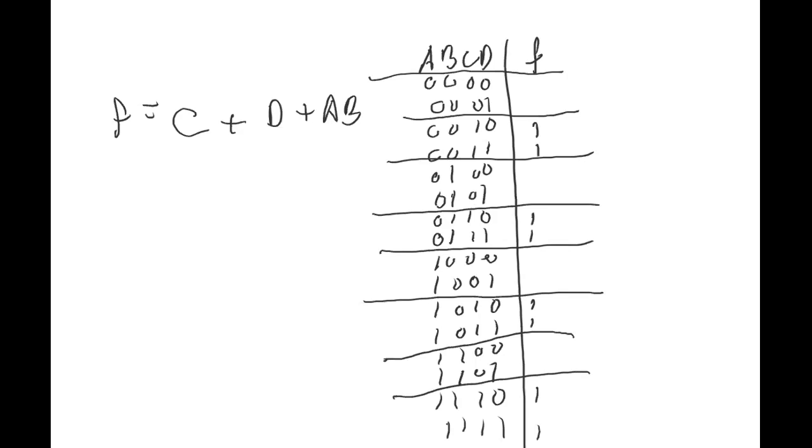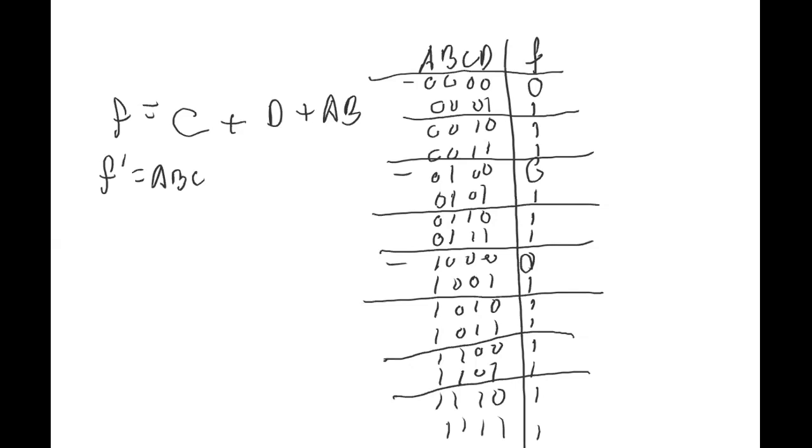If D is equal to 1, F will be 1. If A and B are both equal to 1, it's a 1. And otherwise, it's a 0. Now I can find F prime. F prime is going to be here, here, and here, just 3 places.